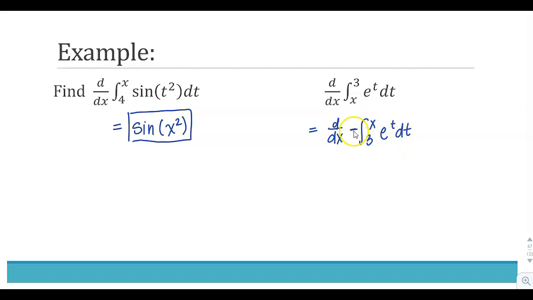But remember that constants, like negative 1, just come along with the function when I'm taking a derivative. So when I take the derivative of the integral from 3 to x of e to the t dt, the x replaces the dummy variable t. So I'm going to have e to the x, but with a negative in front. So I have negative e to the x.